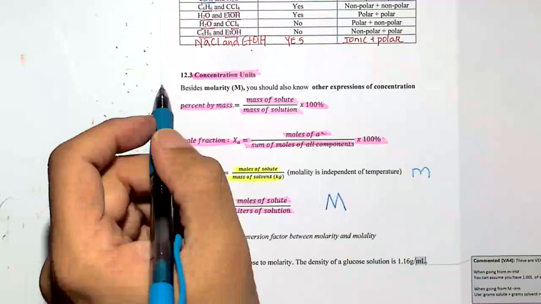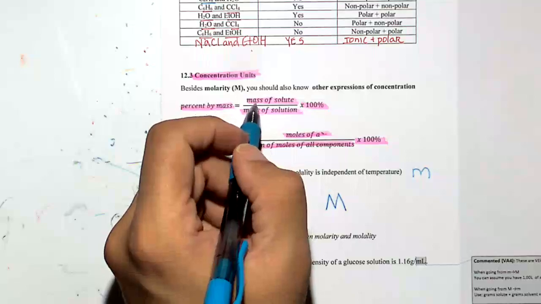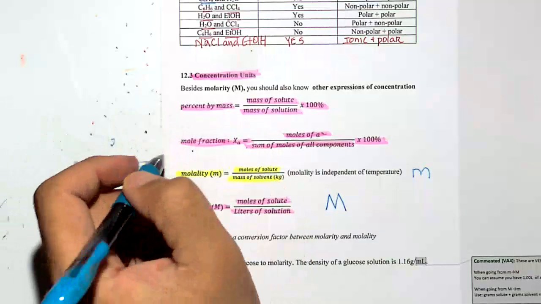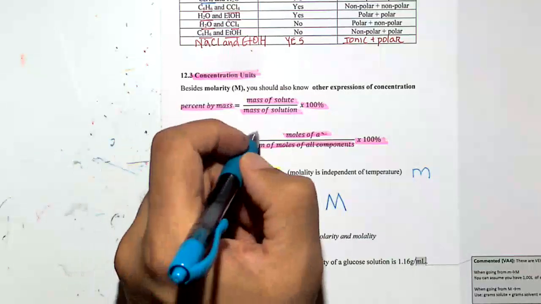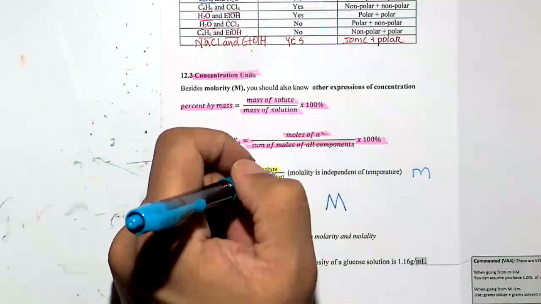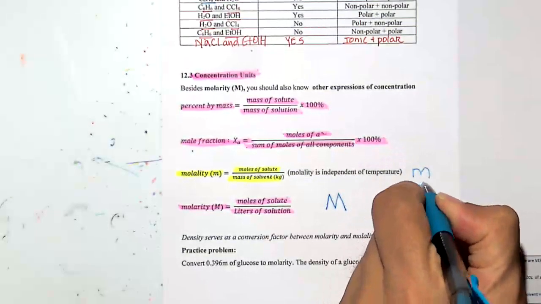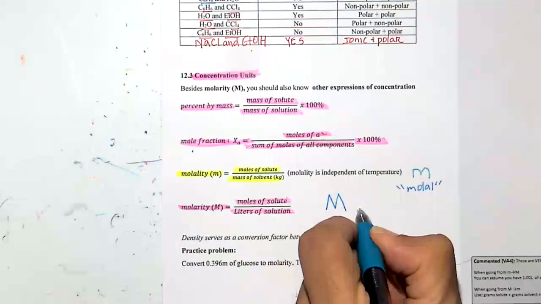Lowercase m. Mass percent is easy because it's just the mass of the part divided by the whole. The mole fraction is easy. It's the moles of whatever you want divided by the moles of the whole thing. You multiply both by 100 to get a percentage. This molal and this molar can be a little difficult.